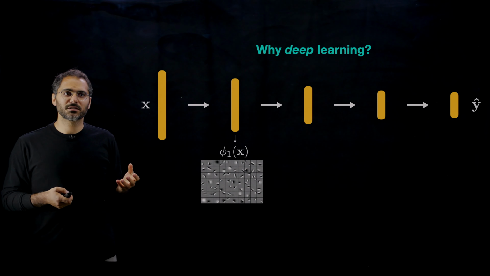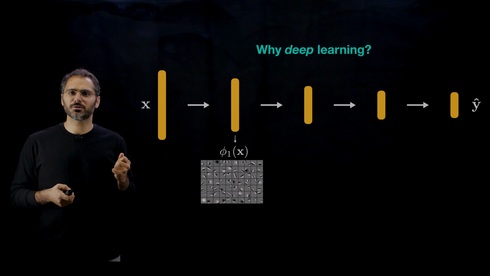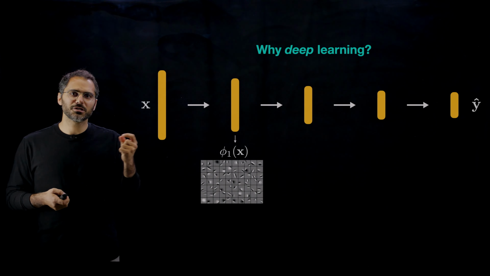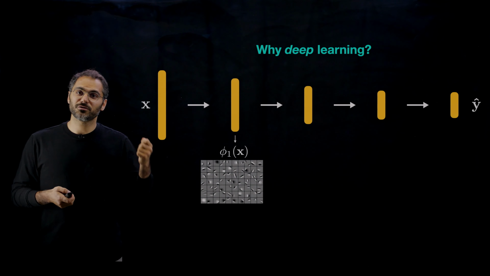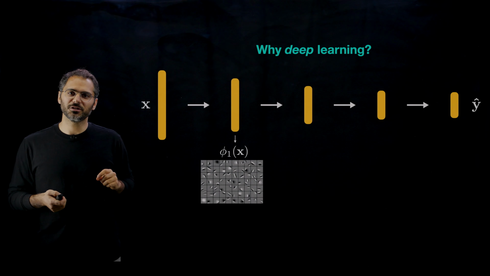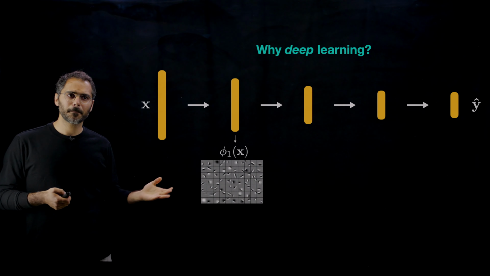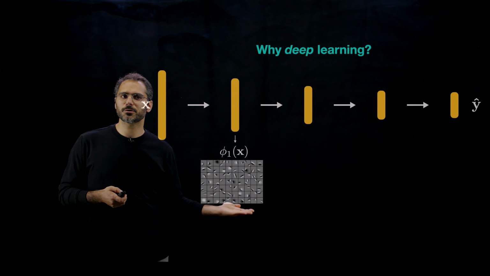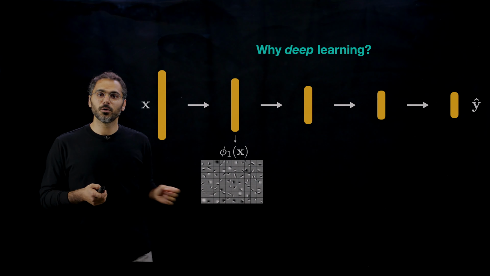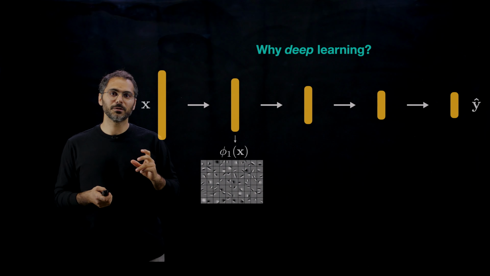One example is if you take an image as an input, and the image is made of pixels, so x is made of pixels. Each one of the entries of x is simply the color of each pixel. Then it was shown by some papers that the first hidden layer will capture the edges of that image.